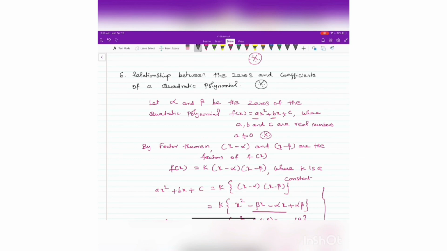Then we discussed the relationship between the zeros and the coefficients of the given quadratic polynomial, and if the zeros of the quadratic polynomial are given, how to write the quadratic polynomial. And then we discussed the relationship between the zeros and the coefficients of the given cubic polynomial, and also, if the zeros of a cubic polynomial are given, how to write that cubic polynomial.